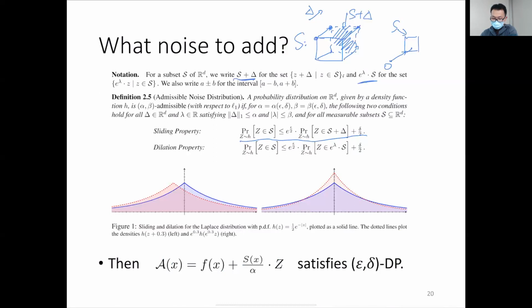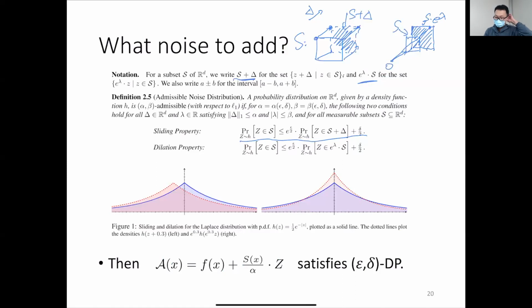Scaling a farther point will make it proportionally larger. So if we dilate or multiply this set by a constant, the set itself is going to get bigger. So this is S times e to the power of lambda, this region.